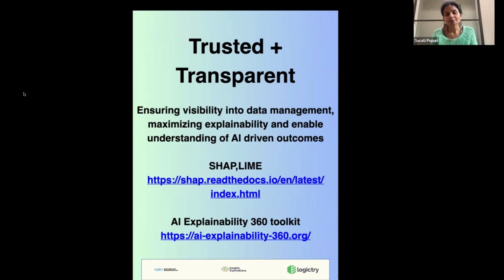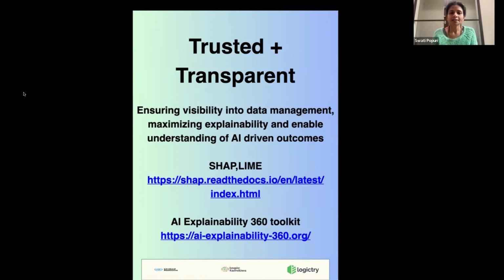Sometimes the AI models seem like a black box, wherein we do not really understand why a certain outcome or decision or output was made by the model based on certain parameters of input. And by coming closer to making the model more explainable, it increases the trust in the model.